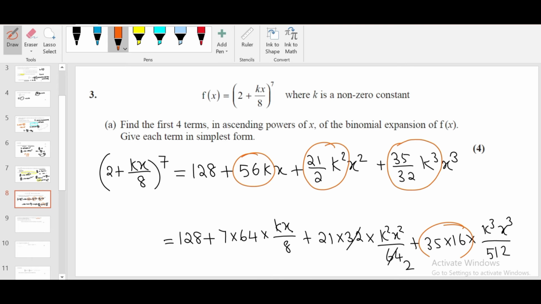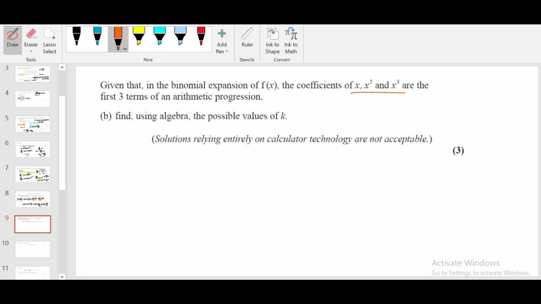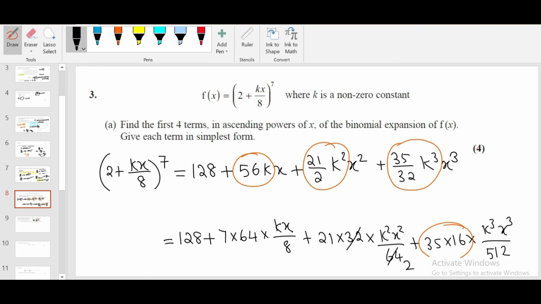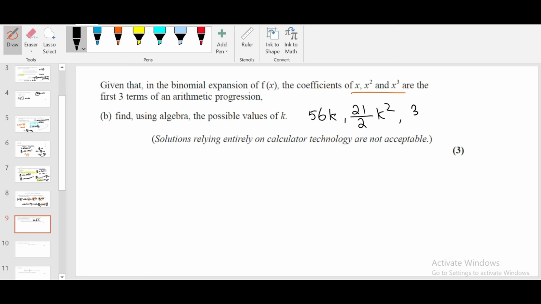So we are going to take these 3 terms: 56k, 21 over 2 k square, and then 35 over 32 k cube. The question says these 3 terms are the first 3 terms of an arithmetic progression. They want you to find the value of k.